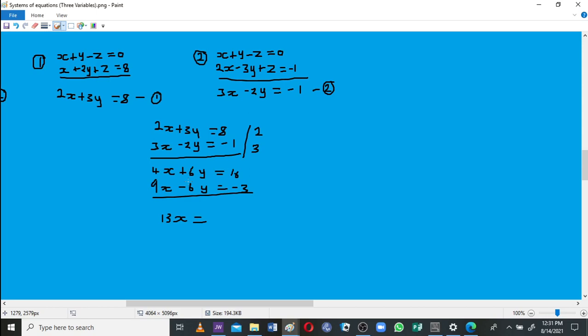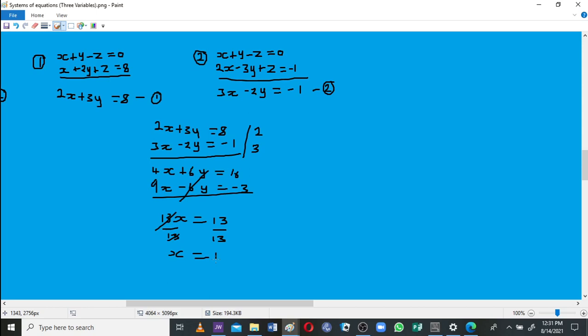Dividing both sides by 13, you apply the cancellation rule, and you get x is equal to 1. So you have found the value of x, and you can substitute in either of the equations so that you can calculate the other variable.